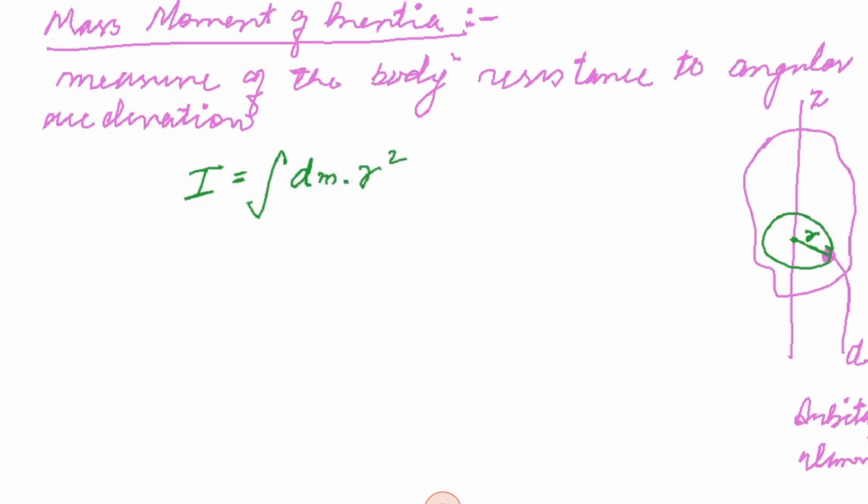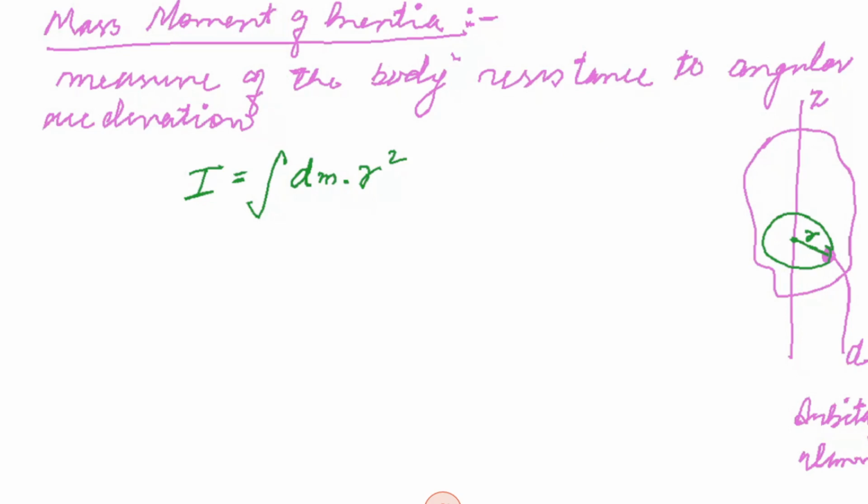as we used to do in areas. In area, when we were calculating, we used to say the moment of inertia is simply equal to dA times the radius square. Similarly, here we have dm, the elemental mass, and r is the radius in which the whole of this arbitrary element will be revolving.